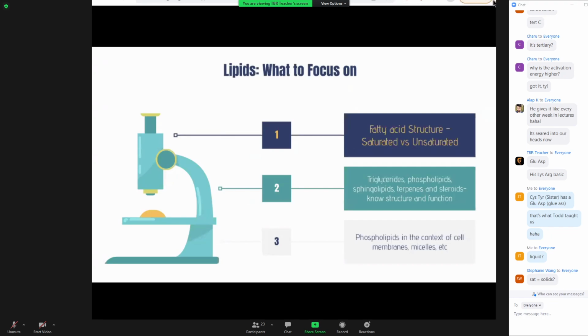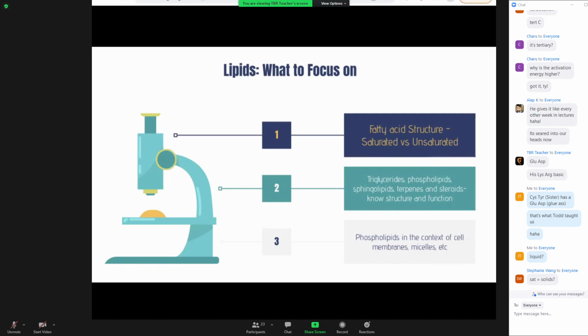And then understand triglycerides. Triglycerides are created via esterification, which we learned last week. And their functions: they're very efficient storage, insulation, packing. And then phospholipids, know that they're amphipathic. This is different from amphoteric.